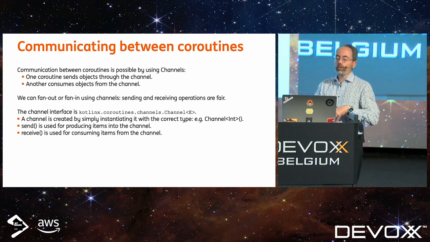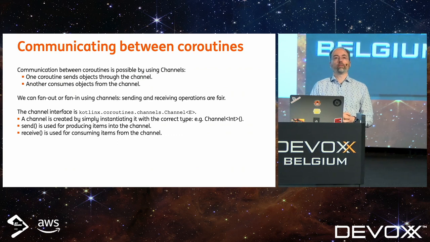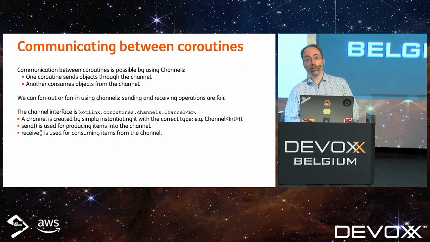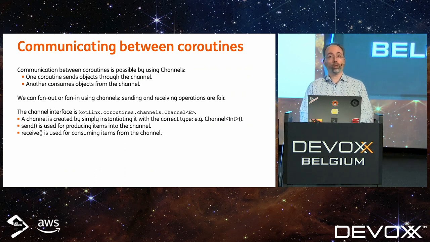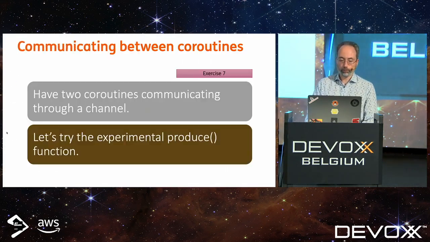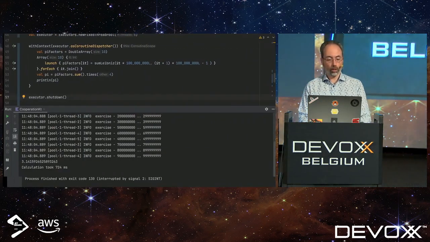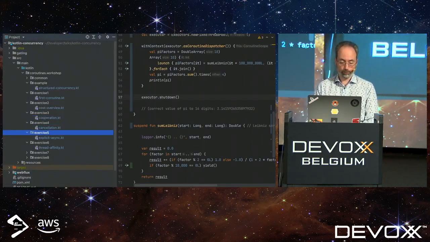And they are extremely easy to use. You create a channel simply by instantiating the channel and specifying the type of messages you are passing, and then you call send and receive on each channel. Now, let's just again take a look at how this works.